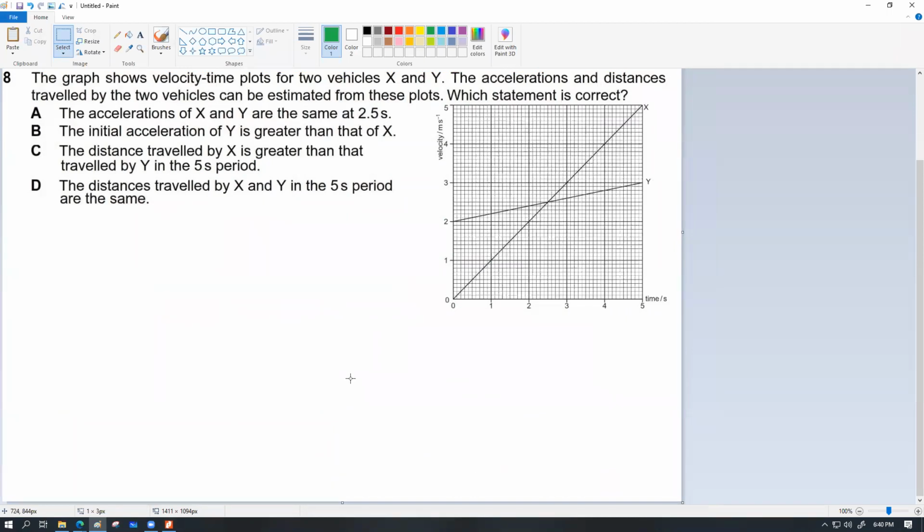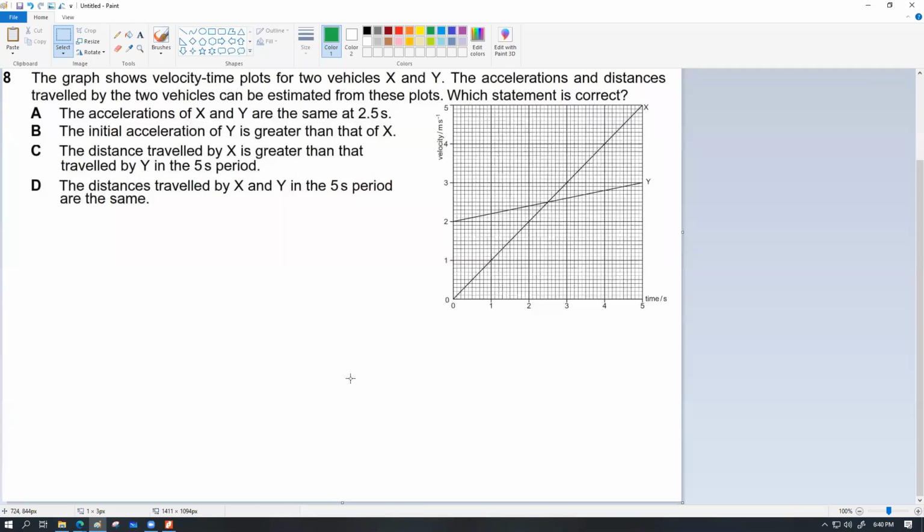X is the steeper line, y is the more slanted line, but I can say that both of them have the same area because I can see similar triangles, actually congruent triangles. Identical triangles are called congruent, right? Yes, sir.